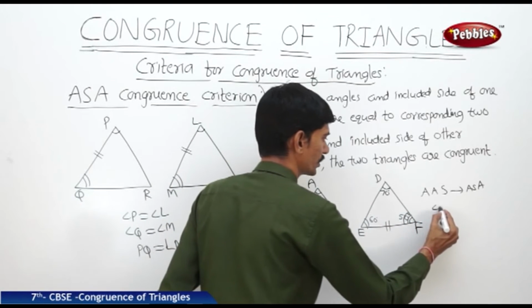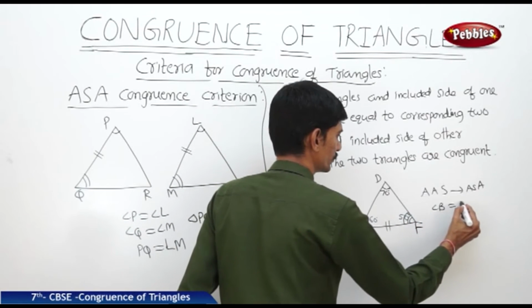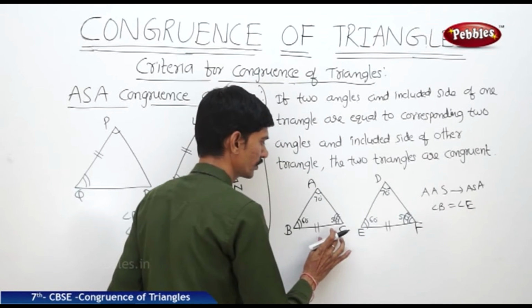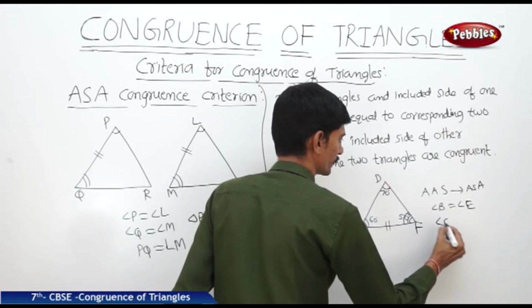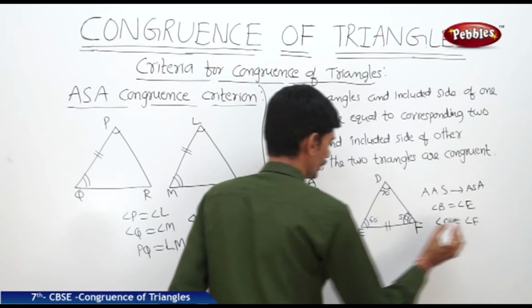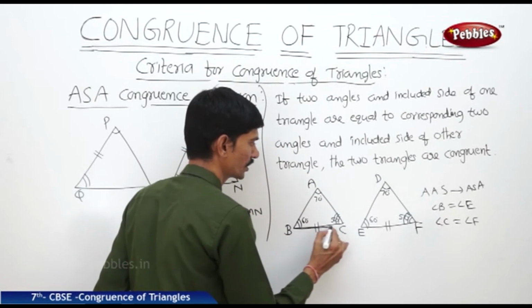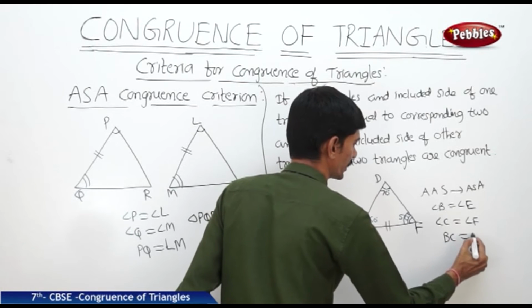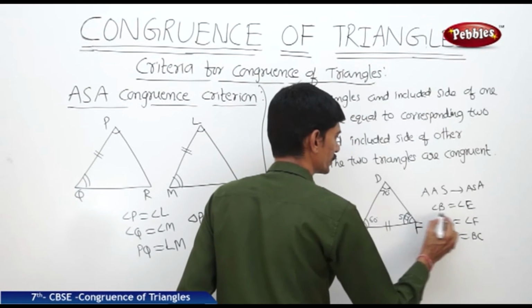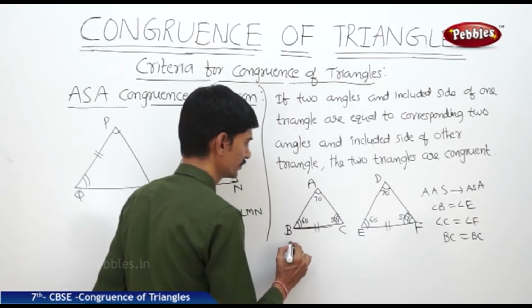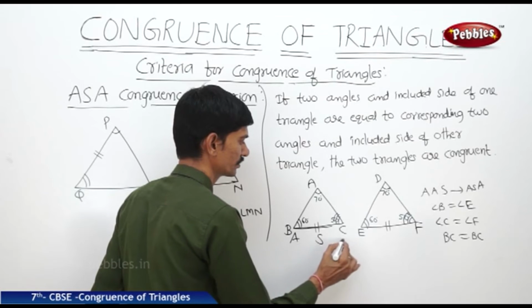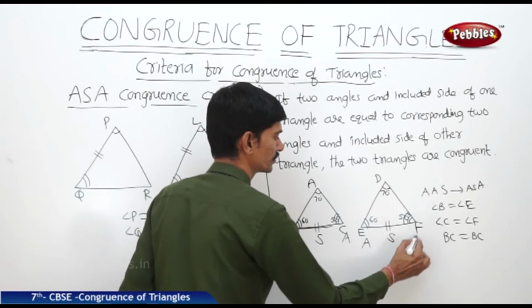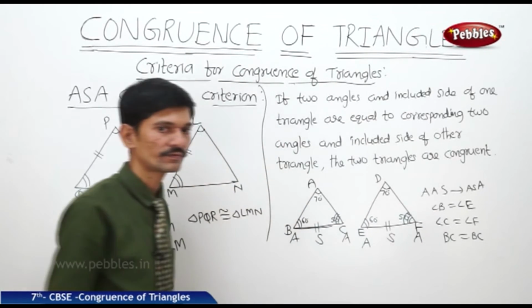So angle B equals angle E and angle C equals angle F. And here BC is the included side. So here we can write the ASA congruence criterion.